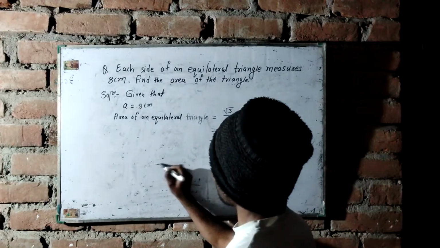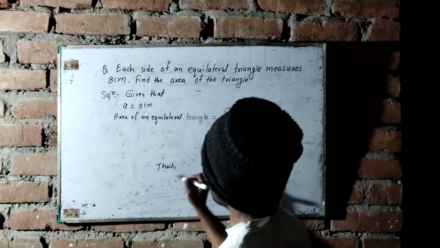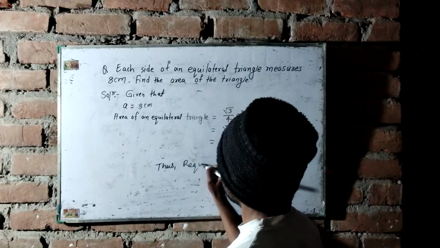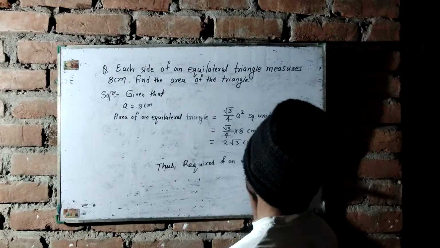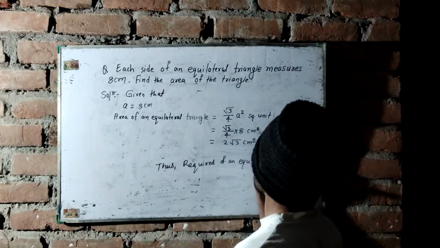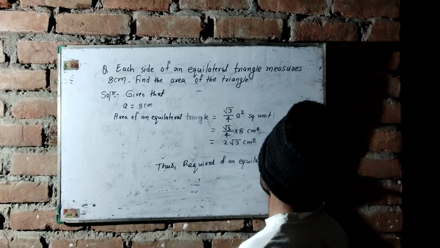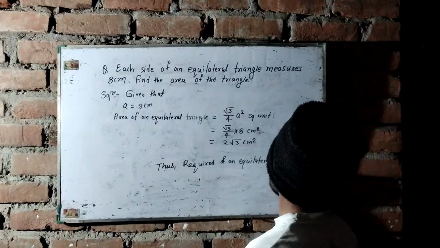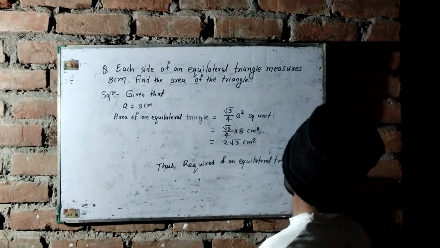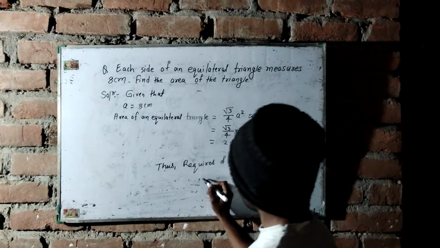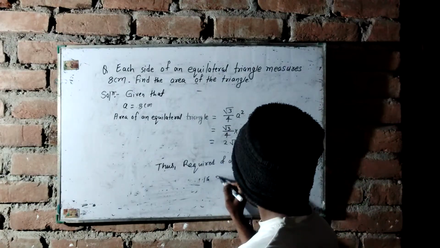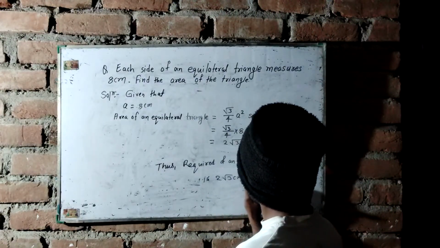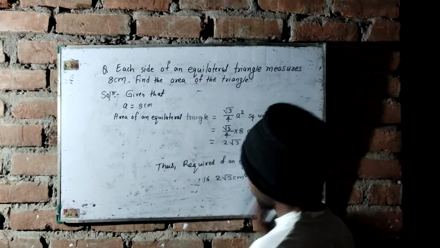So you can write, thus required area of an equilateral triangle will be 2 root 3 centimeter square.